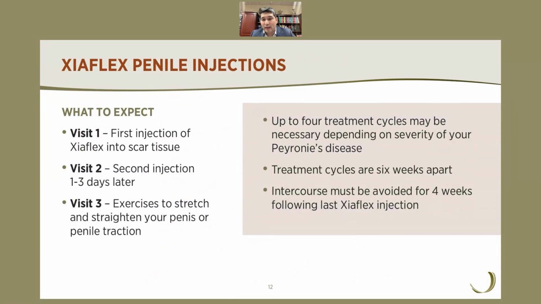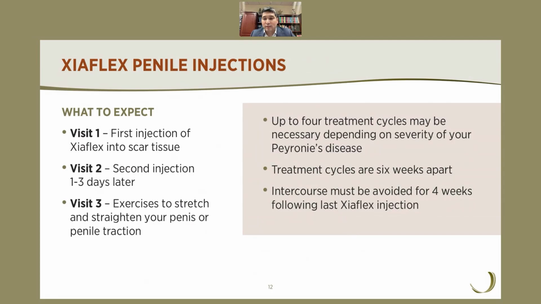When a patient and their urologist decide that XIAFLEX is the best next step, here is what to expect. Once we order the medication and get insurance approval, patients will get scheduled for their first cycle, essentially an injection on that first visit. Sometimes we will induce an artificial erection to reevaluate the curvature and to identify the point of maximal curvature.